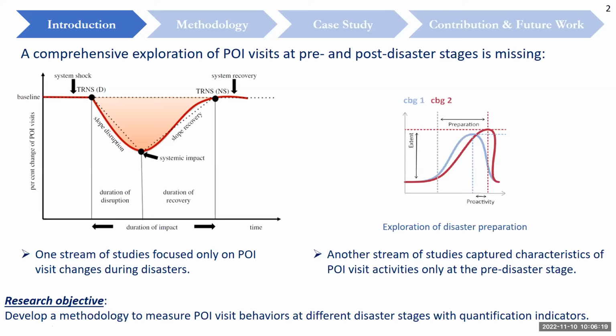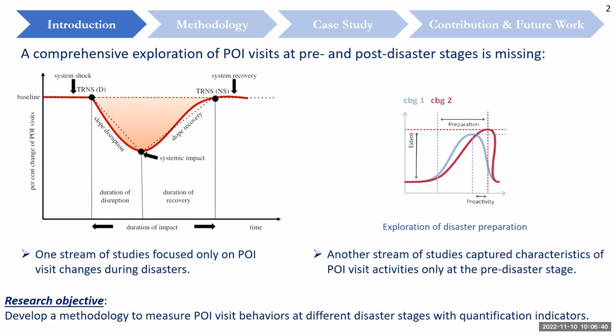To the best of our knowledge, there hasn't been a study looking at the after-disaster phase, which we call long-term recovery. That is, after the immediate recovery, whether the system can really build back better, or it never returns as good as the previous status.